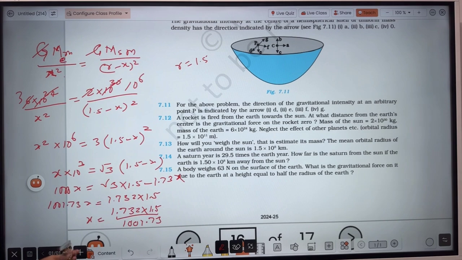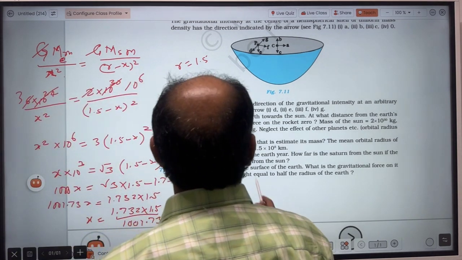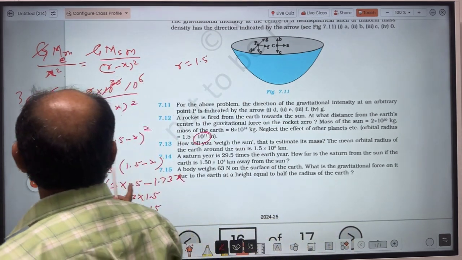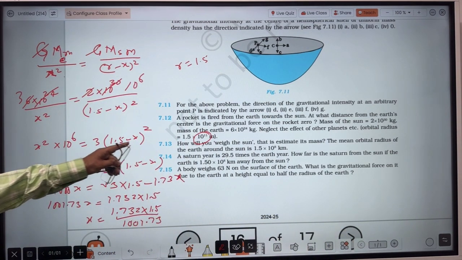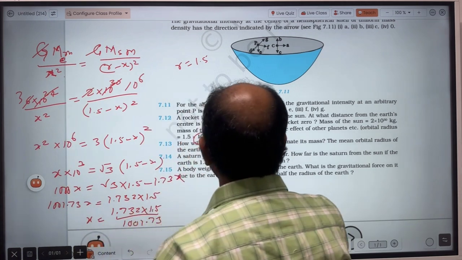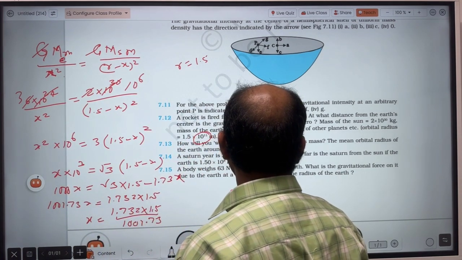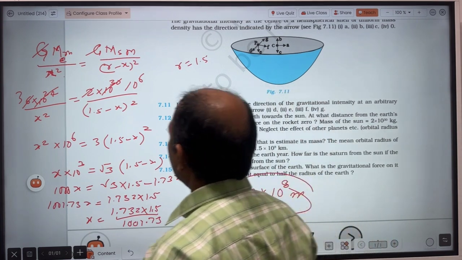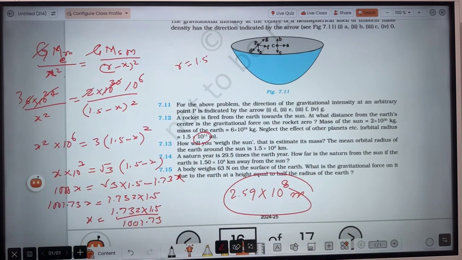So you will get this value, whatever value you are getting, and that value will get multiplied by 10 power 11. You have understood why? Because that power I have not taken into consideration while calculating the value. So if you evaluate it, it will come out to be 2.59, the final value after multiplying. So 2.59 into 10 to the power 8 meter. So this is how you can solve it.